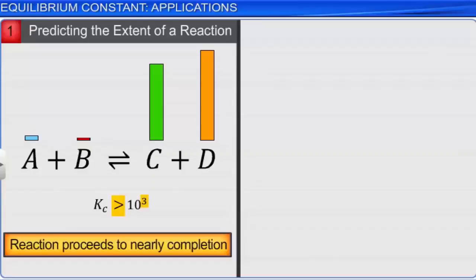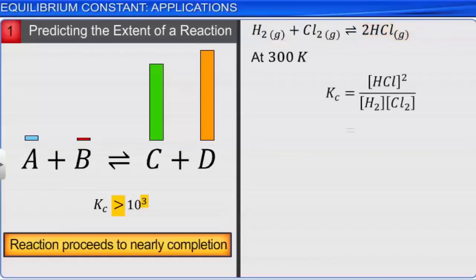For example, the equilibrium constant for the gaseous reaction between hydrogen and chlorine to form hydrogen chloride at 300 Kelvin has a very large value of 4 × 10^31.